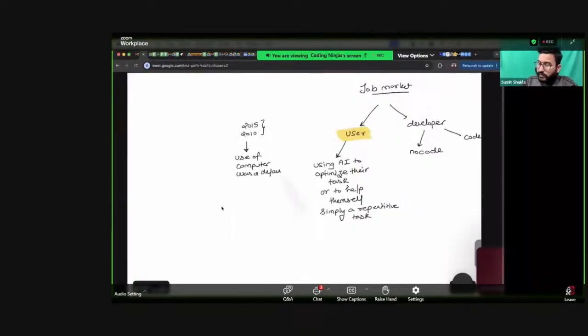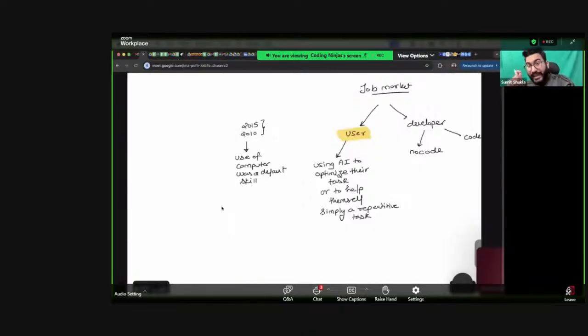No one was mentioning in their job description that we require a person who knows how to use a computer, because knowing how to use a computer was a default skill.